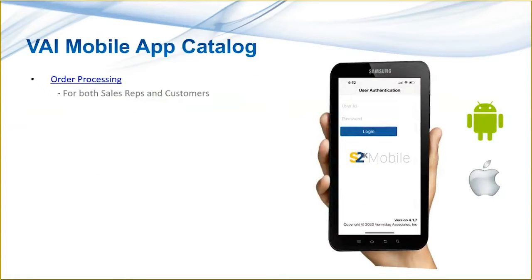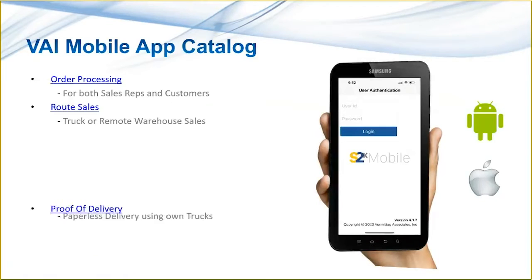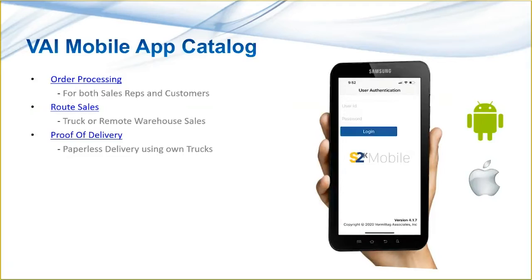The other thing I wanted to show you is that we're going to concentrate on order processing today, but VAI does have a couple of other mobile apps that you should take a look at. One of them is Route Sales, which is a version of order entry, but it's really designed for selling off of a truck. So it looks and feels kind of like what you're going to see here today, but with Route Sales, the inventory is coming off the truck, right?